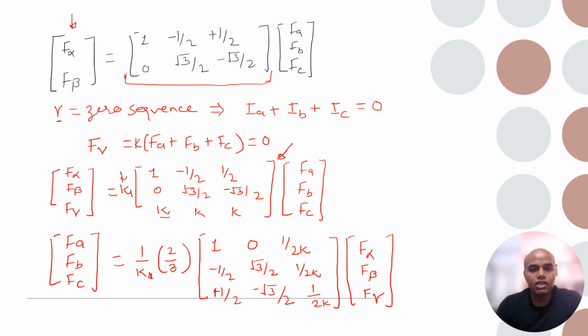Now here, as we have talked about earlier in this video, it was a beauty of this transformation matrix, which I'm showing as T. Taking the inverse of this transformation matrix comes out to be the transpose of this matrix, because it is easier computationally when using microcontrollers to implement FOC for the control of a real motor.